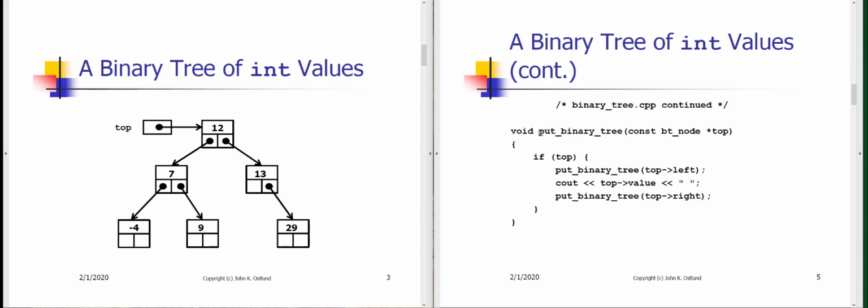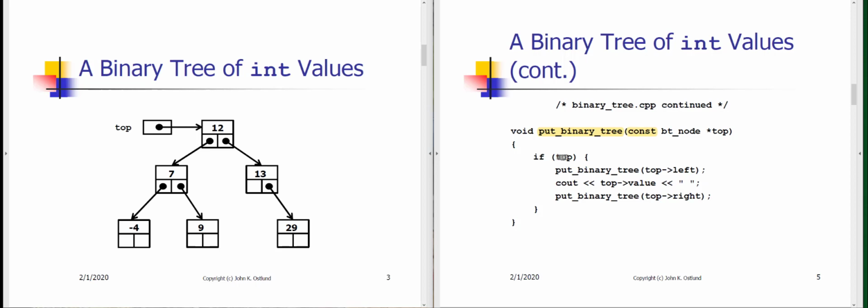Here we have a function called putBinaryTree, whose job is to display the values in the binary tree in ascending order. It is a recursive function. It does not change anything about the binary tree. So the pointer that we pass in is a pointer to a BTNode that's treated as const within this function.